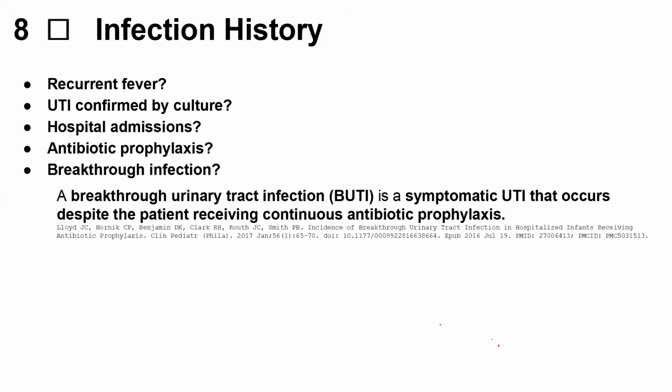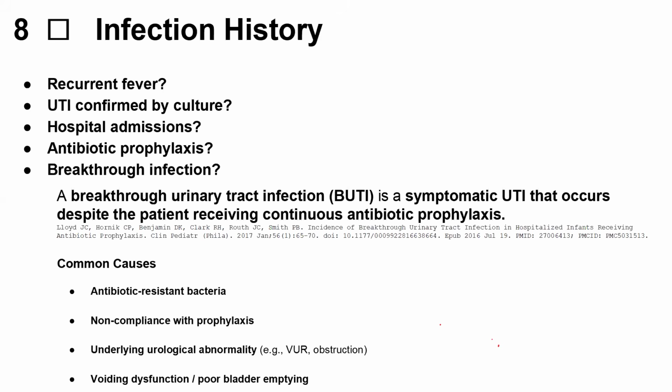The common causes for a breakthrough infection are antibiotic-resistant bacteria, non-compliance with the prophylaxis, and underlying urinary abnormalities such as VUR or obstruction, and voiding dysfunction. With this we complete the important points of the pediatric case.